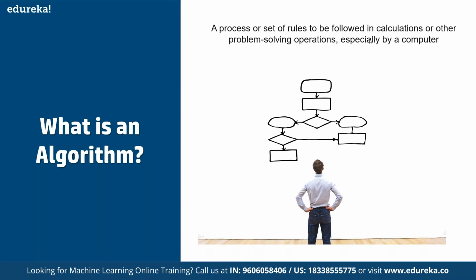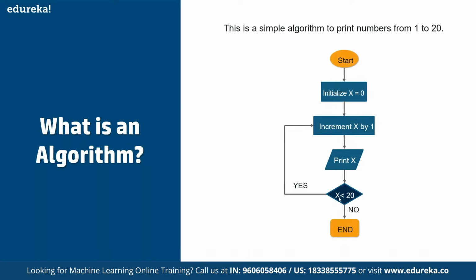So that exactly is what we discuss: a process or set of rules to be followed in a calculation in a given sequence. For example, let's say you want to print the numbers from 1 to 20. First of all, we initialize x, which is equal to 0. Then we increment x by 1. Then we print x. Now, if the x value is less than 20, then again it is going to increment by 1, then print x.